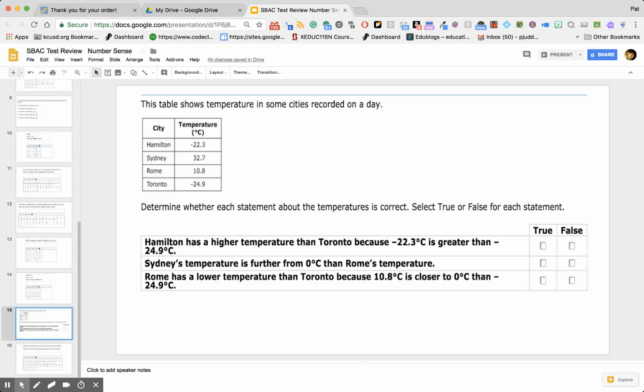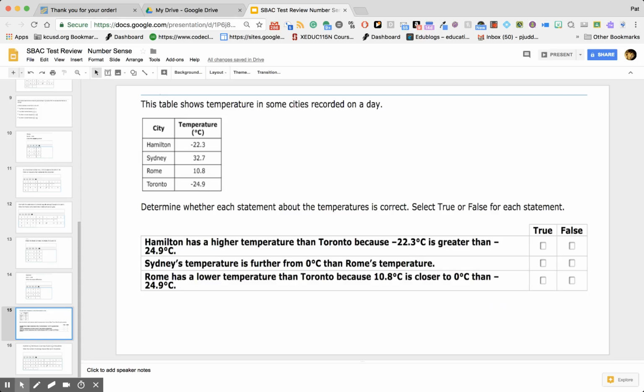So you're comparing these two temperatures. Sydney's temperature is further from 0 than Rome's temperature. Here's Sydney's temperature. Here's Rome's temperature. Further from 0 is what they're saying.